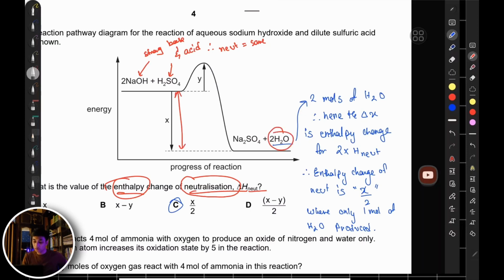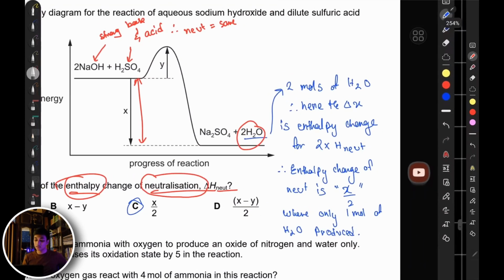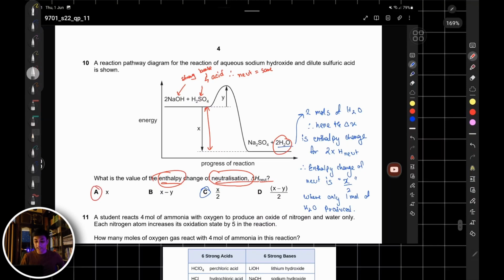Because if you look at the products, 2 moles of water have been produced. So this is not exactly the enthalpy change of neutralization, because more than 1 mole of H2O has been produced. So if your answer was A, X, it would have been wrong.